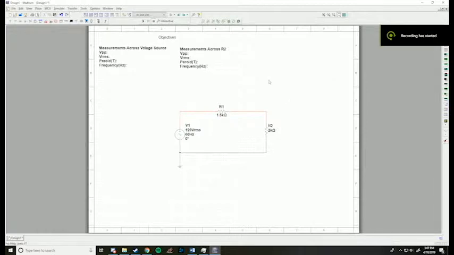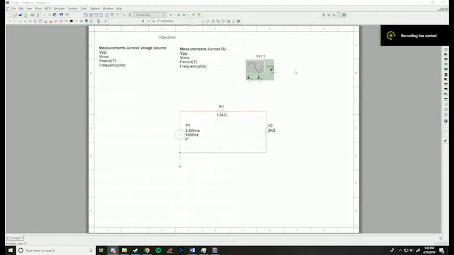So we have our circuit, we have our objective set. Now we need to have some way to measure this. And this is done with an oscilloscope, which is right here.